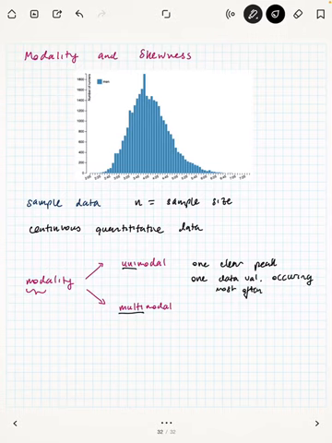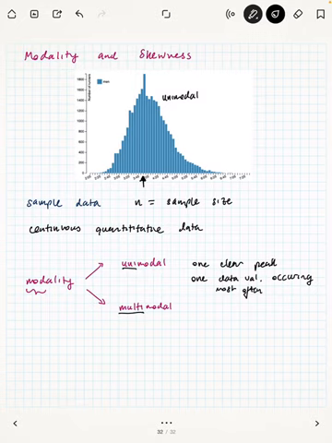And you can see here from the histogram, there's this clear peak at around the 4-hour mark. Okay, so this is the most frequent category, this class is the most frequent in the entire data set. So we would say that this distribution appears to be unimodal.